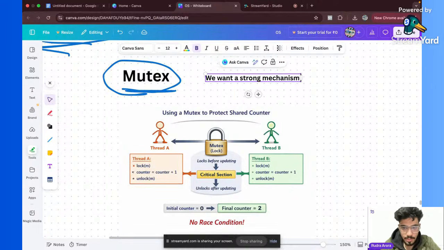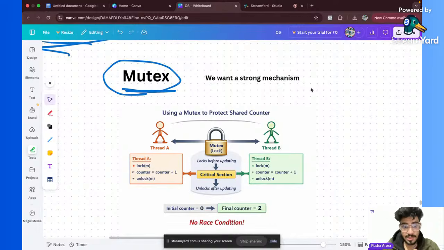So what this mutex provides us is a lock. Lock means when P1 enters the critical section, it will lock that particular critical section for thread A only.